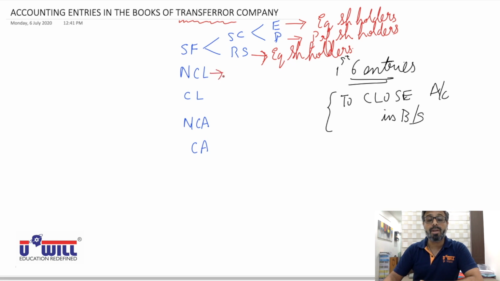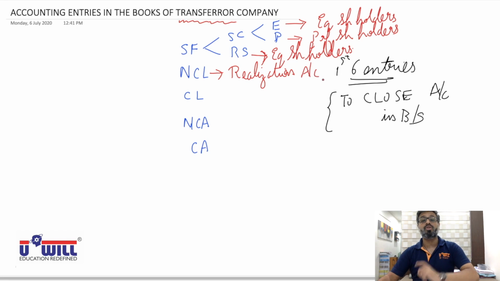Non-current liability will be closed and transferred to realization account. We open an account to record the sale of assets and payment of liabilities, which is called realization account. You studied this account in first year BCom and 12th standard also when we had dissolution of partnership firm. This is dissolution of company. So the account remains same. Whichever business goes into dissolution, the account remains same.